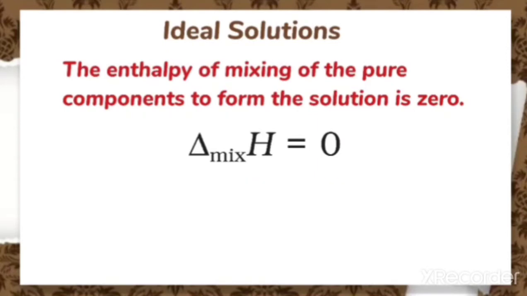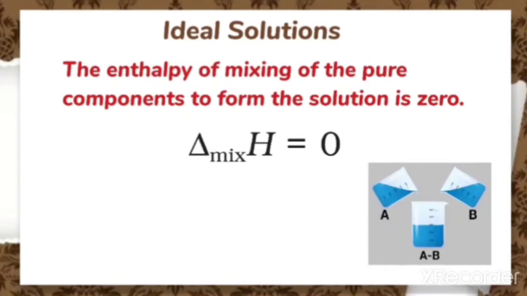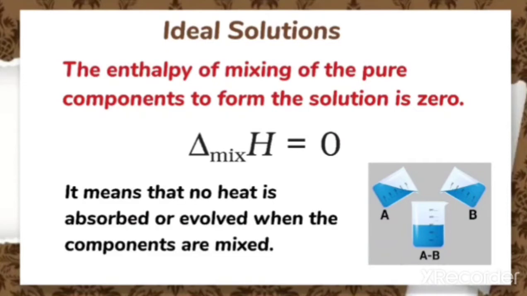When the two components A and B, the solute and the solvent, are mixed, they give rise to the solution AB. It means that during this mixing no heat is absorbed or evolved.